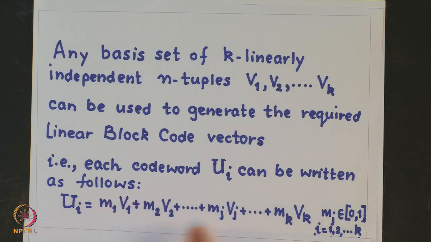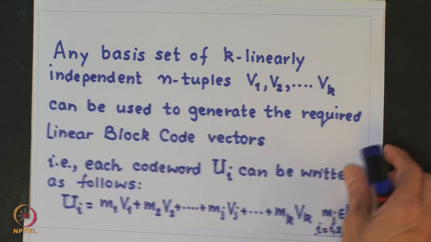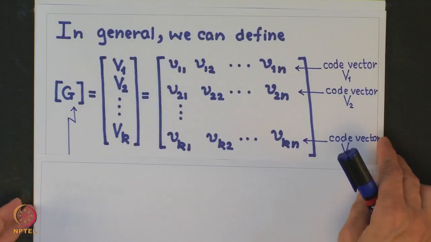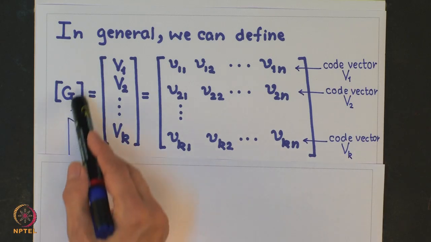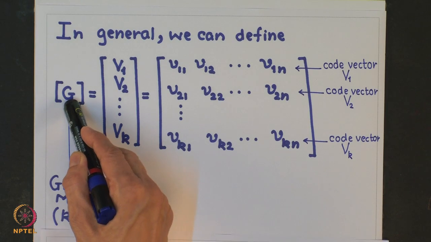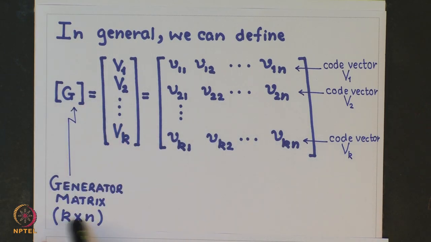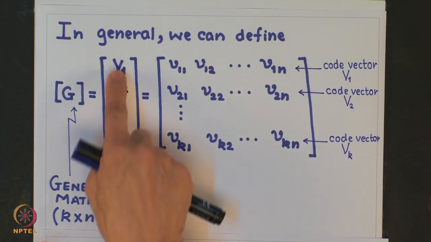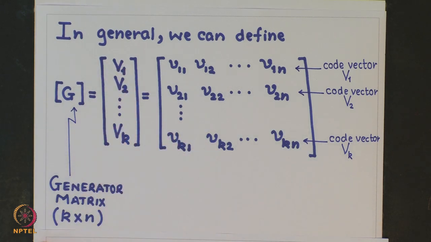So, we can in general write this in a matrix form as follows. First we define what is known as a generator matrix of size k by n, and there are k rows and n elements.